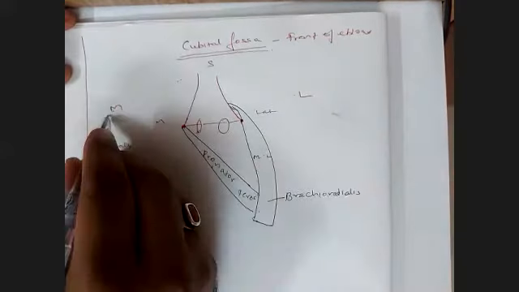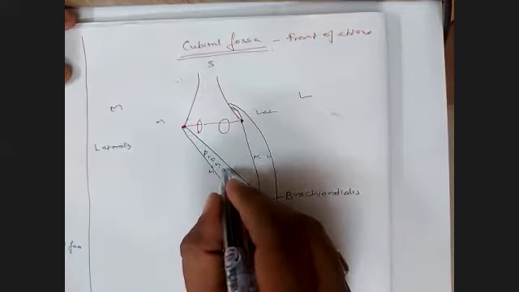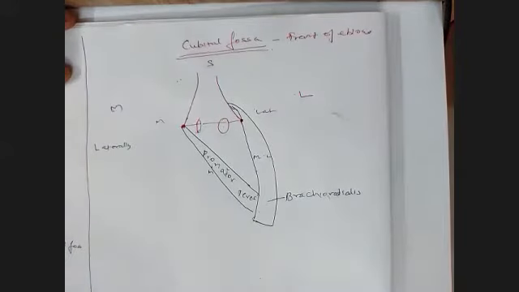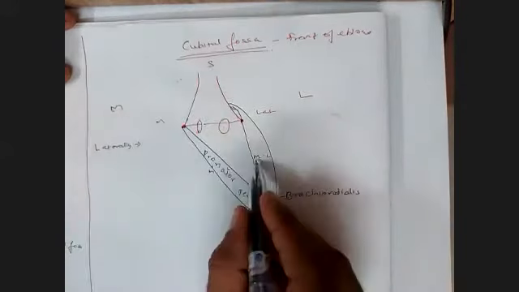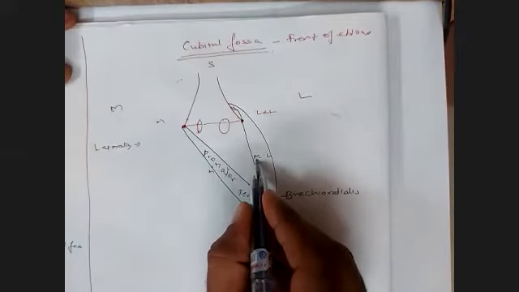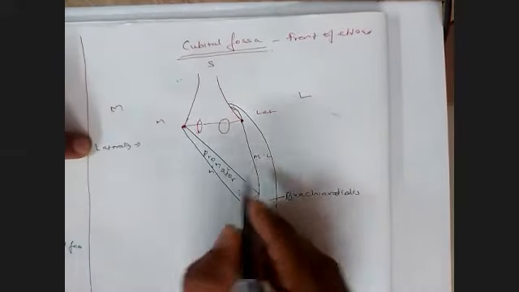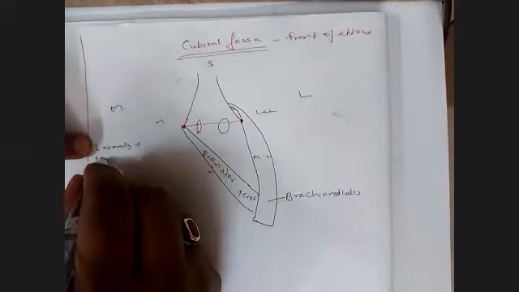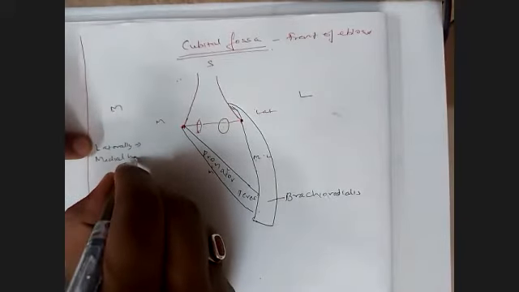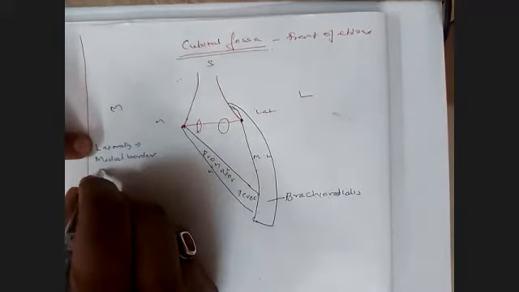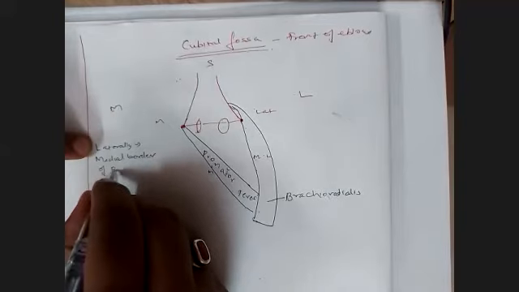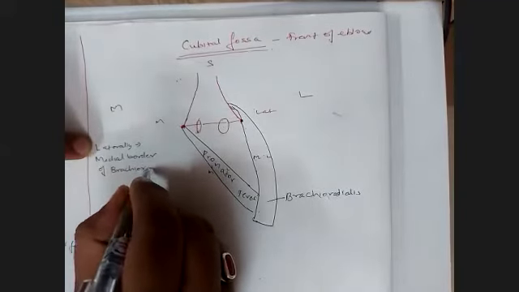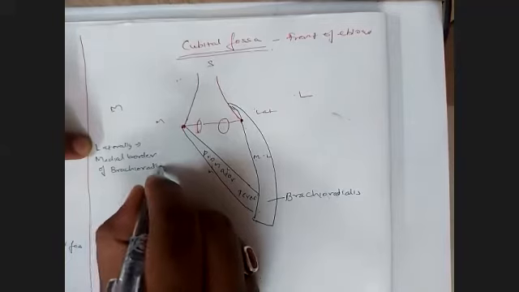So laterally is the medial border of brachioradialis muscle. This is anatomical language.